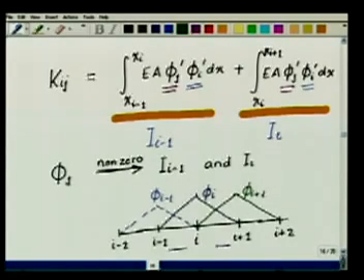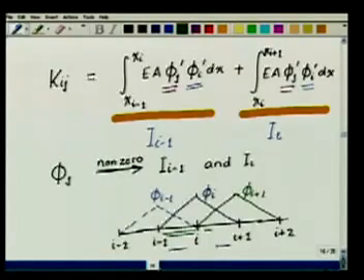You see that phi I minus 1, phi I and phi I plus 1 are the only global basis functions which are non-zero in element I minus 1 and element I.